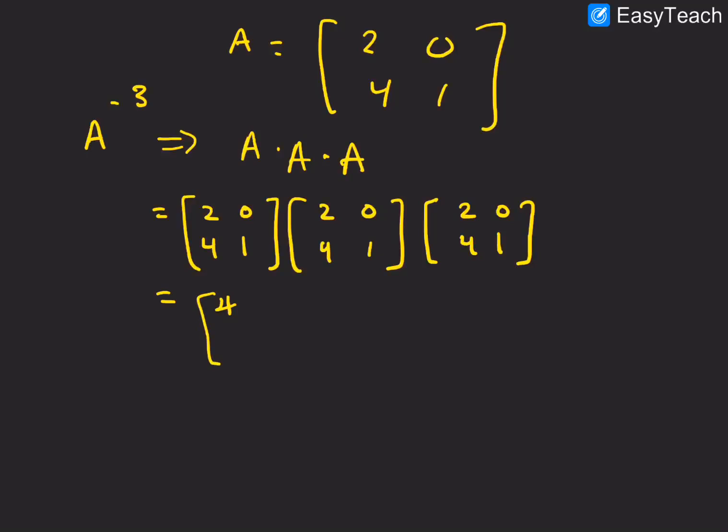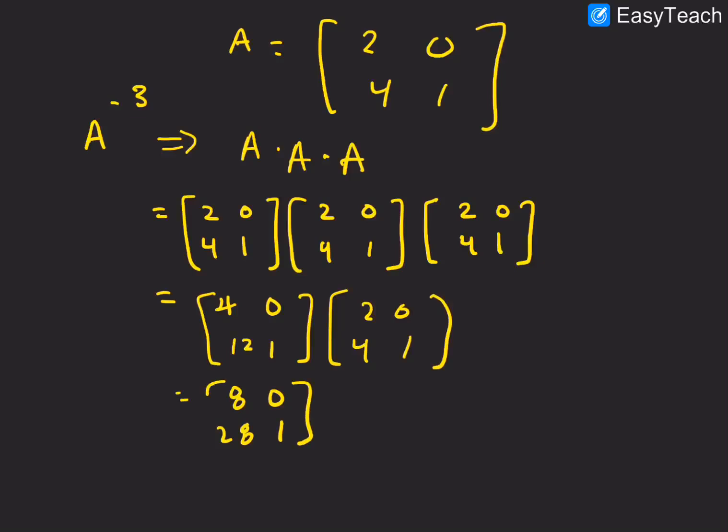And if we do the same thing, we're going to get this row times this column, which is 2 times 0 plus 0 times 1, which is just 0. And if we do that with the bottom one, we'll get 8 plus 4, which is 12. Then we get 1. Cool. So those are those two. And then if we do those two together, we'll get 8, 0, 28, and 1.